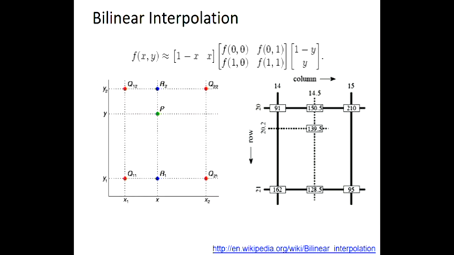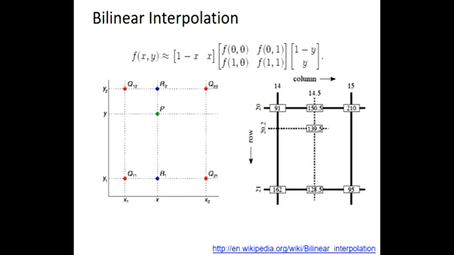Let's say that P here is halfway between these two pixels, and it's 20% down between these two pixels. So interpolating from Q1 to Q2 would be Q1 times 1/2 plus Q2 times 1/2, which is 150.5. Interpolating between these two values, halfway between, is, again, their average, 128.5.